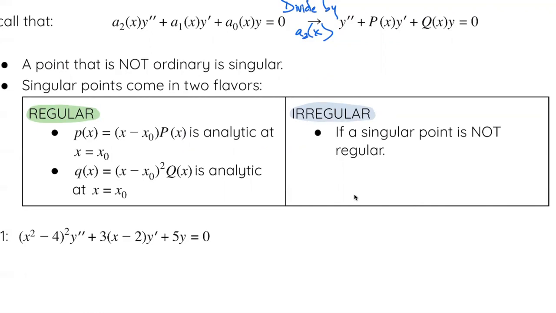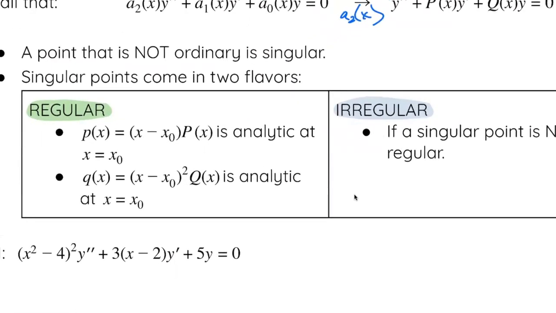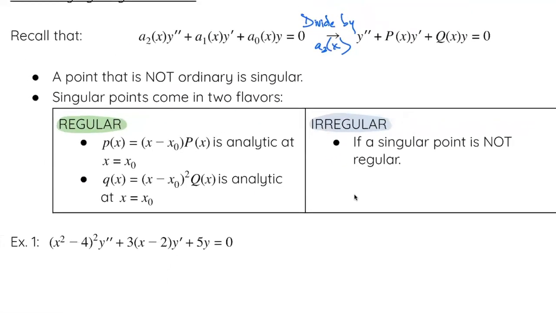So let's look at the definition though, and maybe we'll come back to it after we've tried a few problems to see if that makes sense. All right. So a singular point is regular if the following two things are true. Both of these characteristics need to be true. The first one is that we have this lowercase p and this lowercase q.